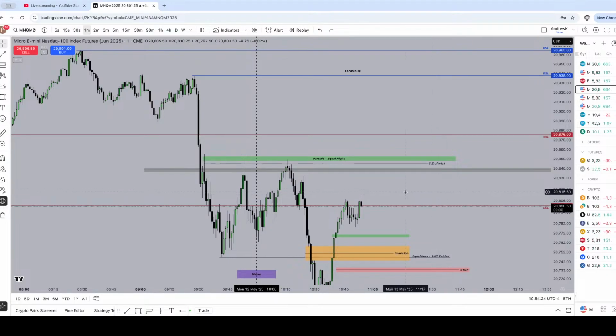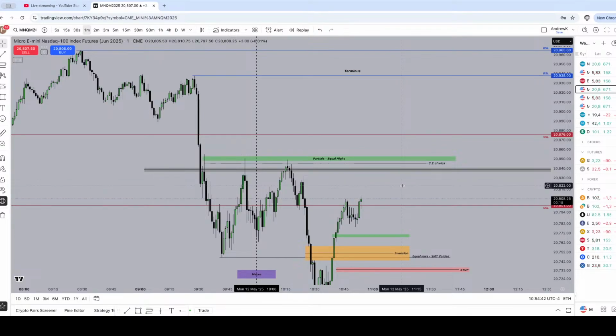And you see that? Did not close above this high. We're in a macro. And you want to see if ES made that higher high. So ES did trade above that high.